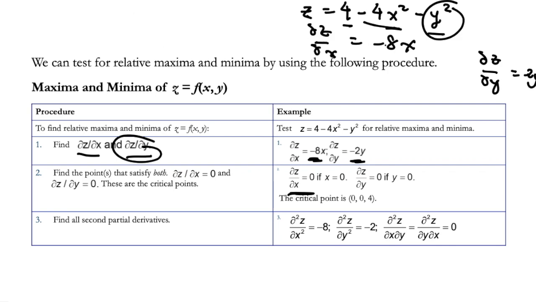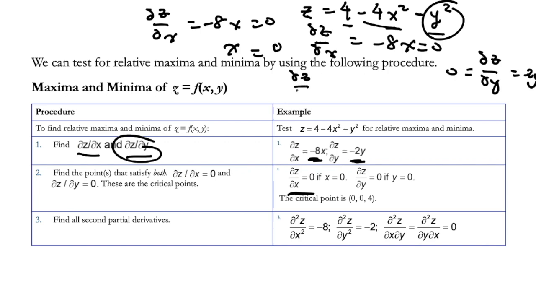So when we have 8 minus 8x, we equate it to 0. So delta z over delta x equals 8 minus 8x equals 0. Now we need to find x. Obviously from here, x is 0. What about delta z over delta y, which is minus 2y? Equate it to 0.